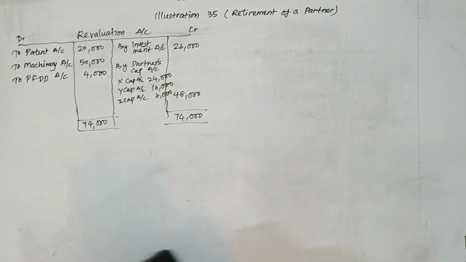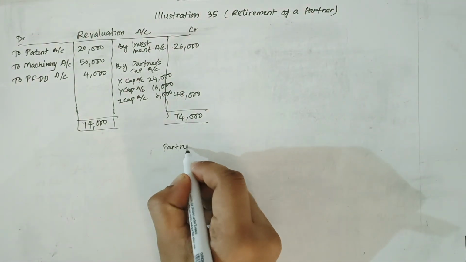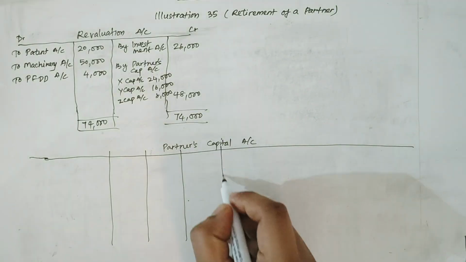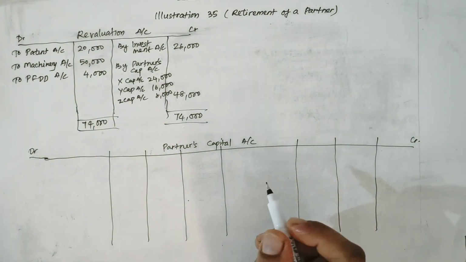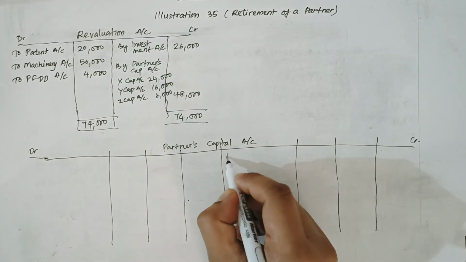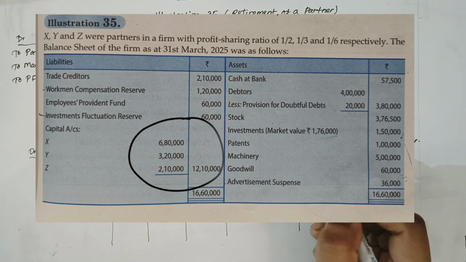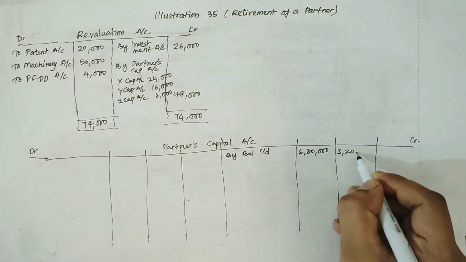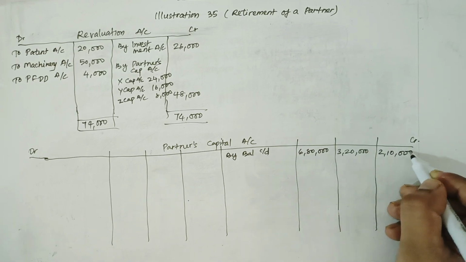Now let's prepare partners capital account. First, let's post the capital of the partners, which will be the opening balance by balance carried down in the balance sheet. Capitals of the partners given 6,80,000. It will be the opening balance 3,20,000 and 2,10,000.